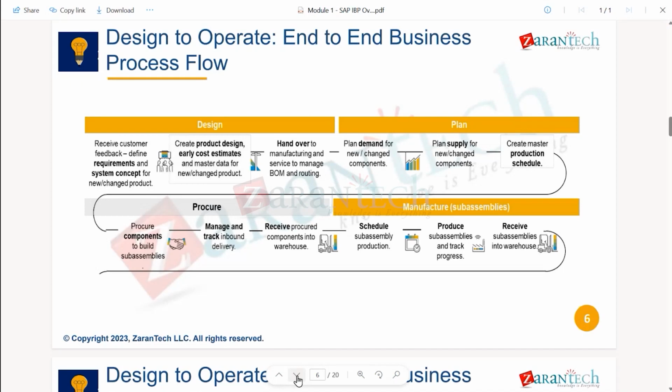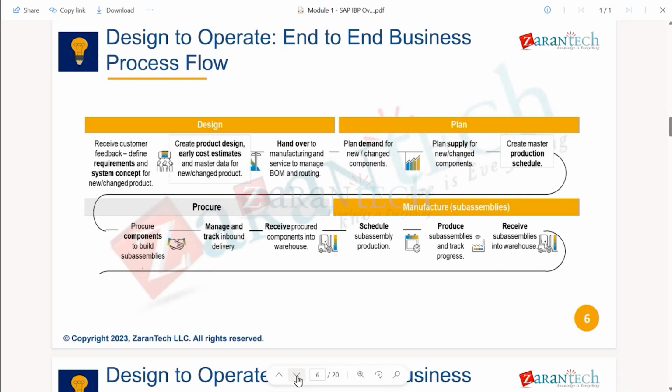Similarly, there are certain products which are standard in nature. For example, a hammer. A hammer is used by almost all carpenters. Irrespective of the design, there may be a little bit of difference, but it will still meet the purpose of the carpenter. So this is called a standard product.